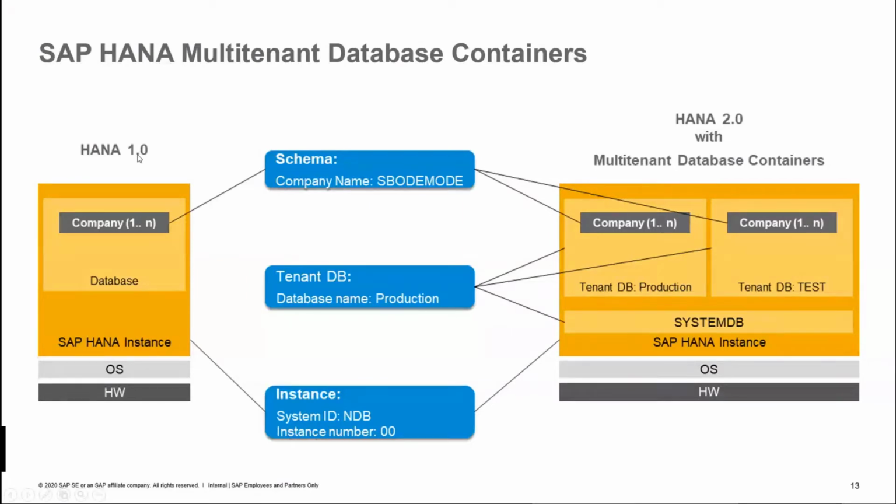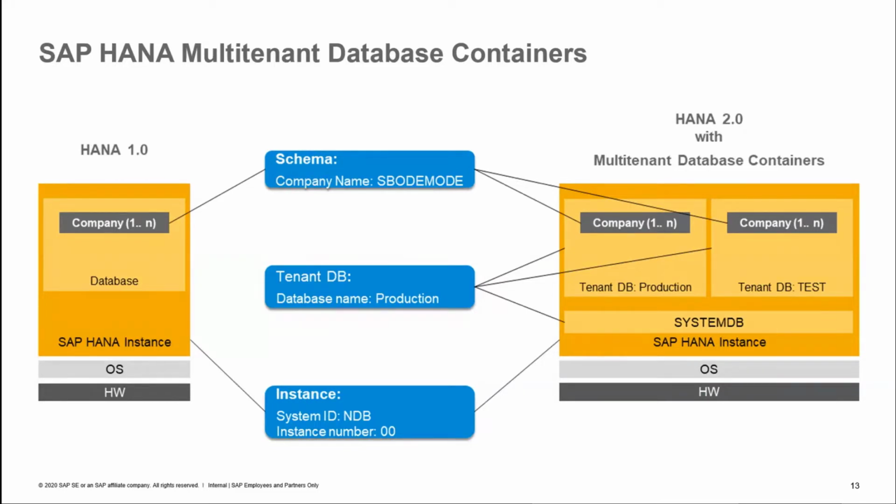As you can see, we have SAP HANA version 1 right now for 9.3. We have the hardware, on top of that the operating system, and then comes the SAP HANA instance. The SAP HANA instance has one database inside, only one database.